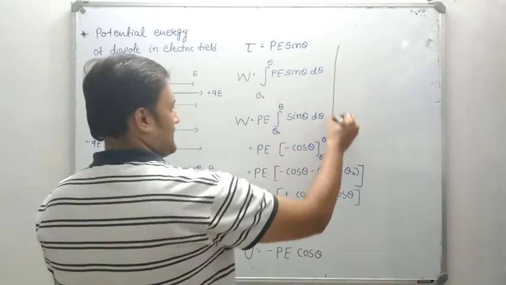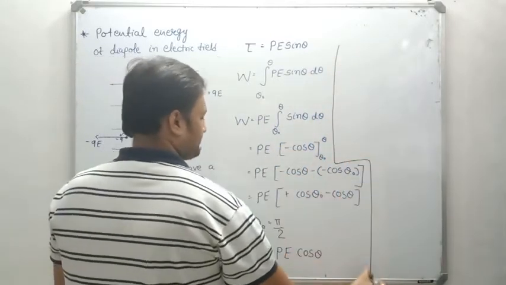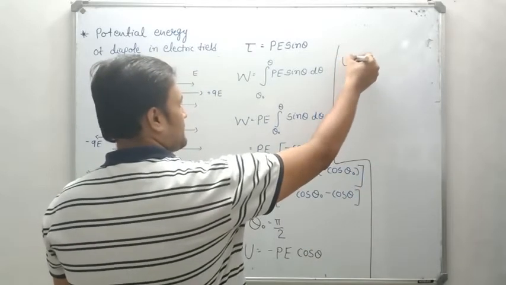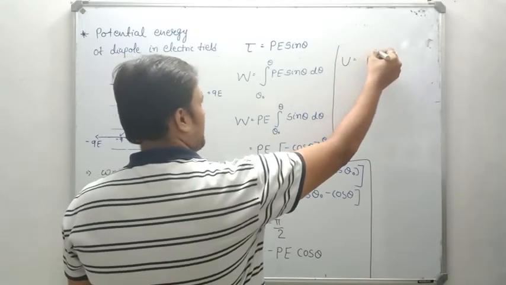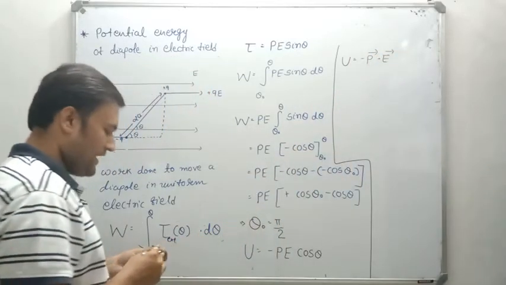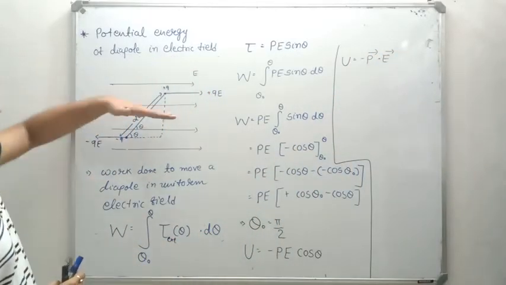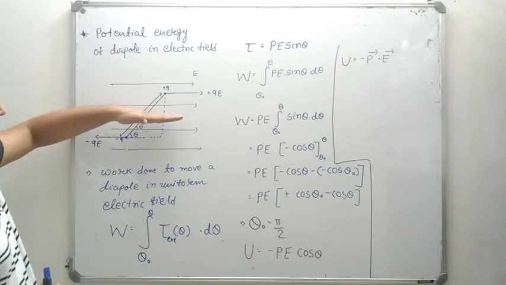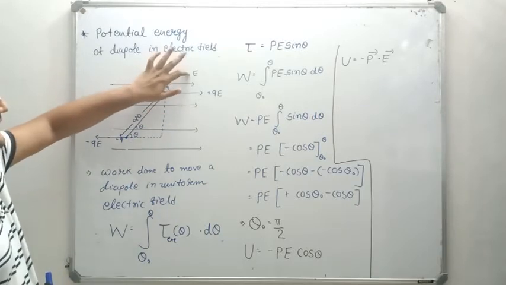Energy is a scalar quantity, so U is equal to minus p dot E. The potential energy is minus because we do the work against the electric field.